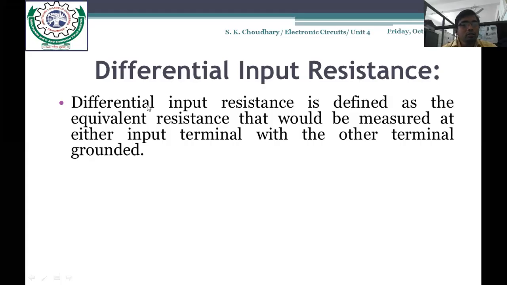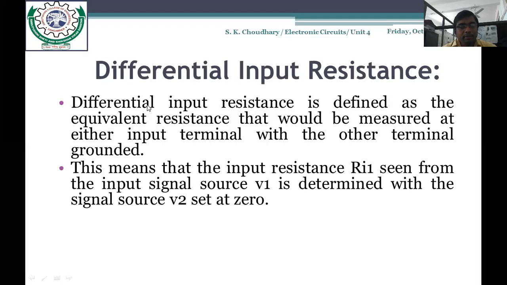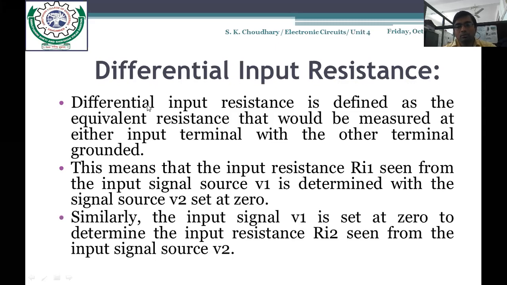For Q1, you take the input from that input terminal, and the input of Q2 is grounded. This means the input resistance RI1 seen from input signal source V1 is determined with the signal source V2 set to 0.